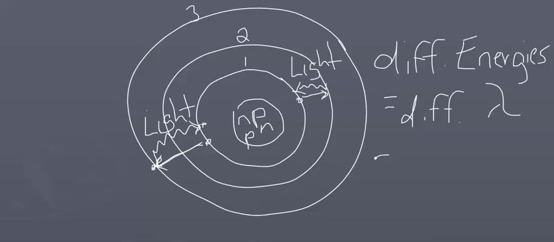And different wavelengths mean different colors of light, if we can see them, or different types of light, whether it be ultraviolet, infrared, visible. So the different energies correspond to different wavelengths, which correspond to different types of light, whether it's visible, ultraviolet, microwave, whatever.